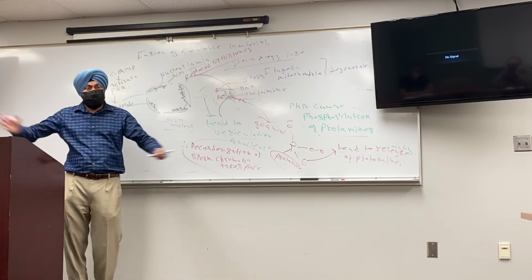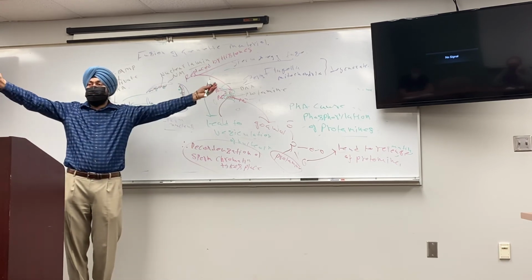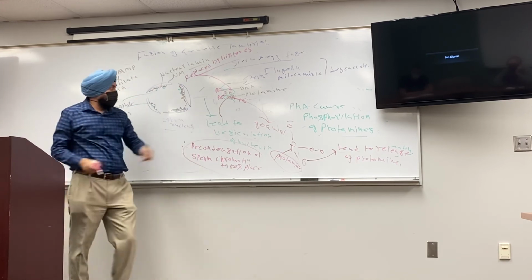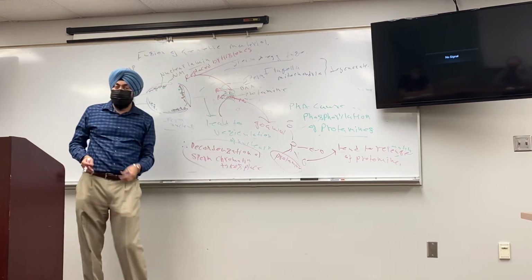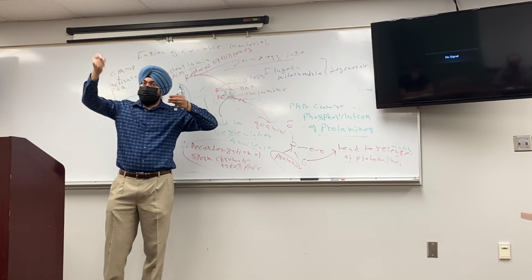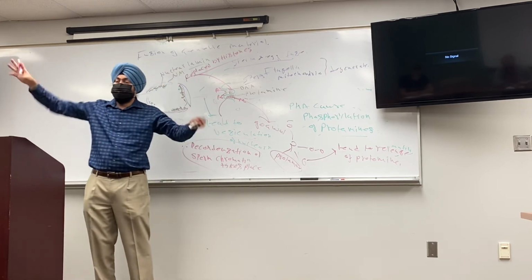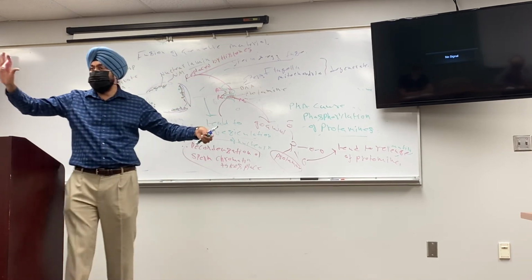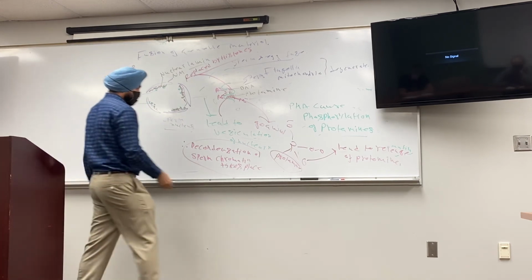DNA is negatively charged, they are negatively charged, so negative repels and protamine goes away. And then protamine is replaced by histone, so that means the compactness of the sperm chromatin is gone. Now it's normal decondensed chromatin. Making sense so far? Now what happens?